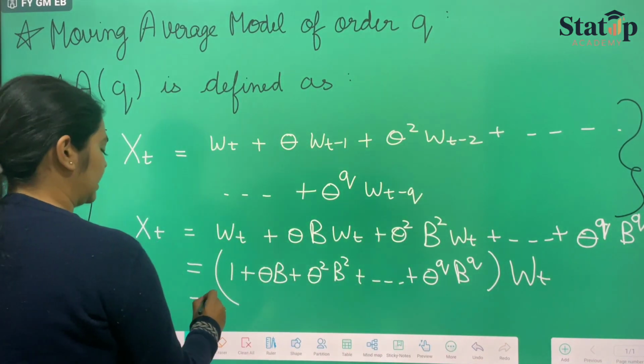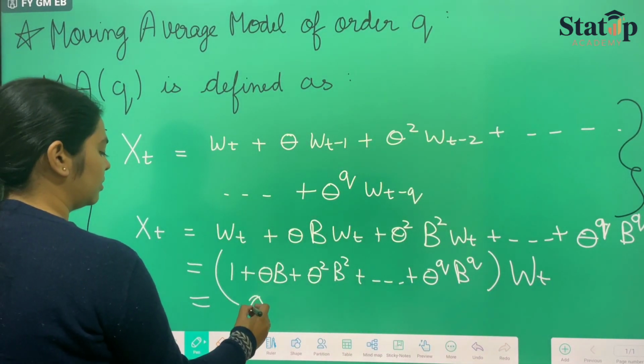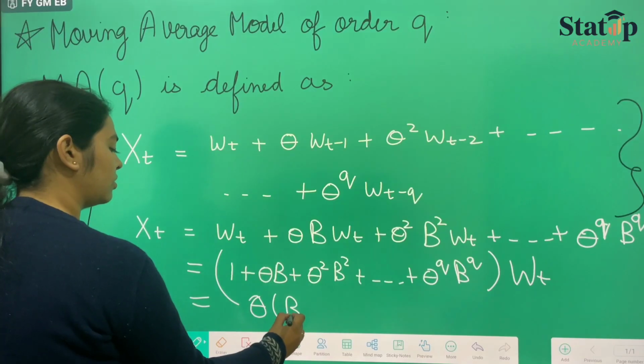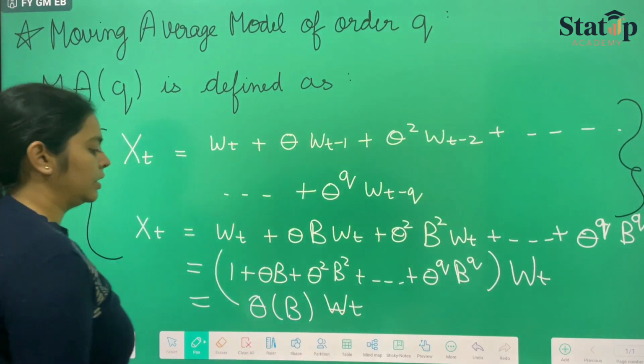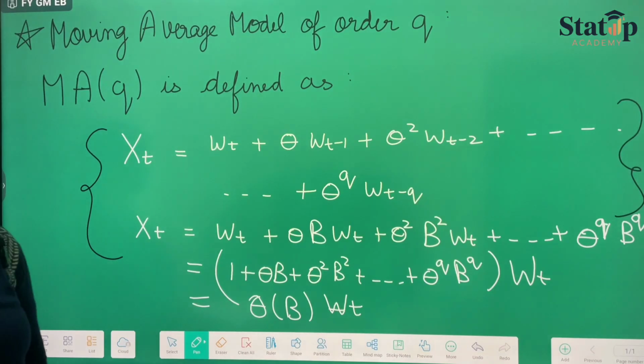And we can write this as theta(B) Wt. So it is one of the forms of the series.